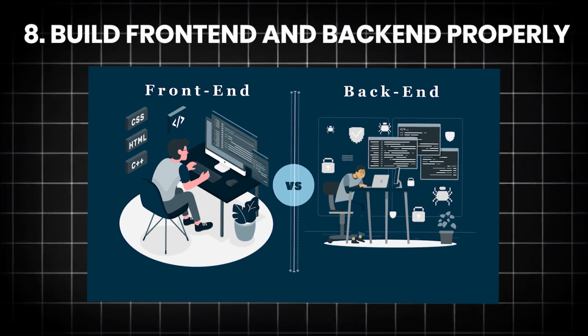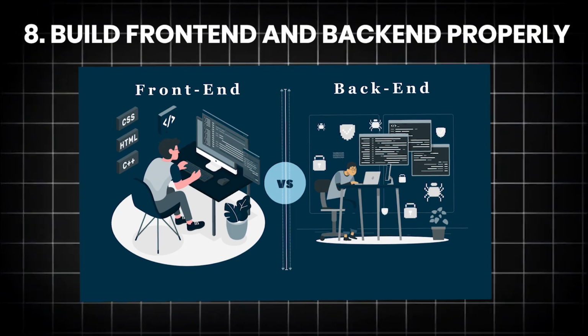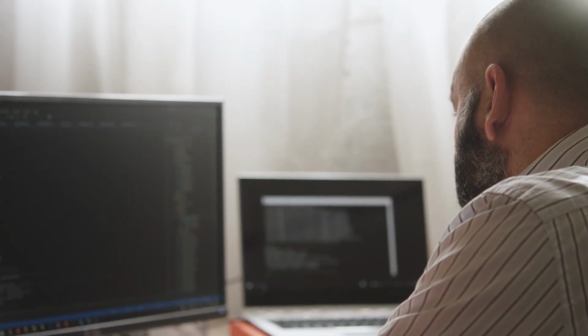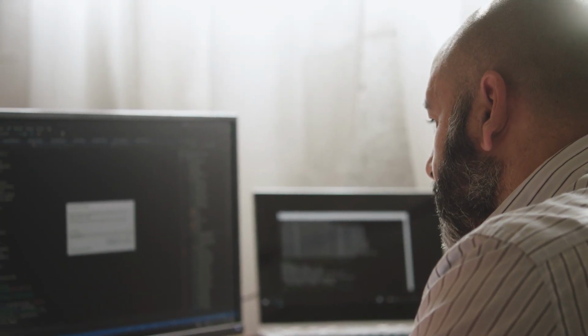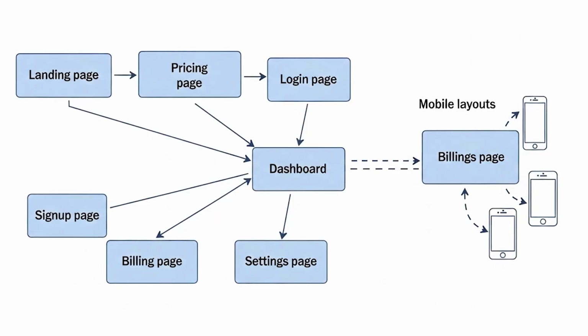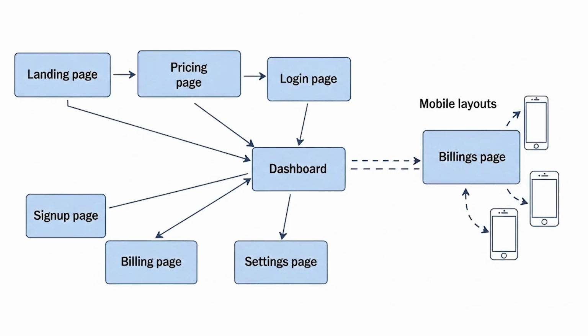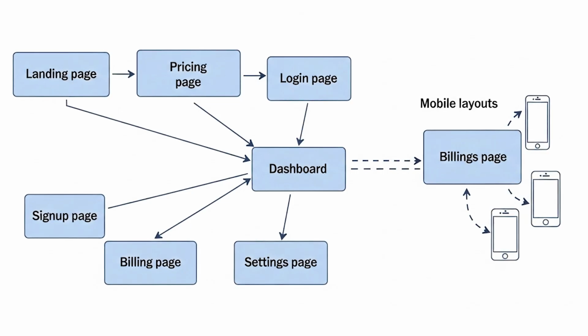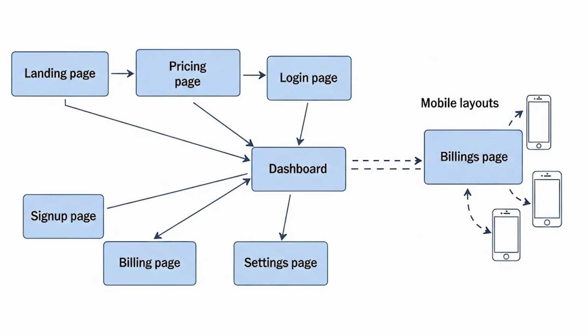8. Build front-end and back-end properly. Once the plan is ready, start building in layers. First, front-end: landing page, pricing page, login page, sign-up page, dashboard, billing page, settings page, mobile layouts, reusable components.